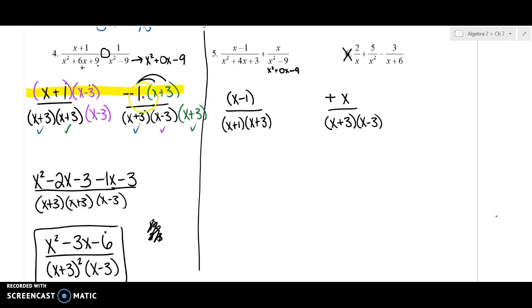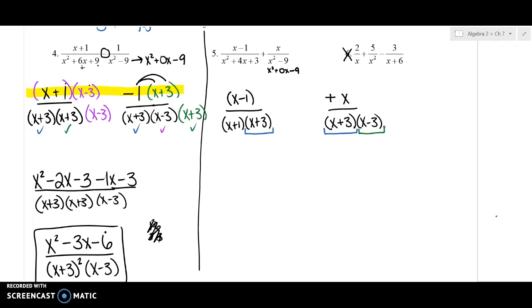And if you look back at number 4, we did the same thing. It was a subtraction sign, and we attached that negative to the numerator. So it's just a really good habit to make sure that when you have a negative, you don't use the negative incorrectly. What do the two denominators currently have that matches? X plus 3. So I notice that my second denominator has x minus 3.